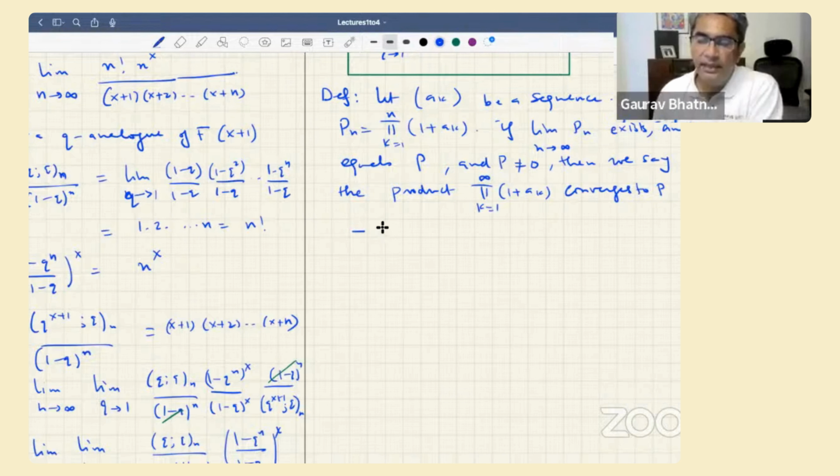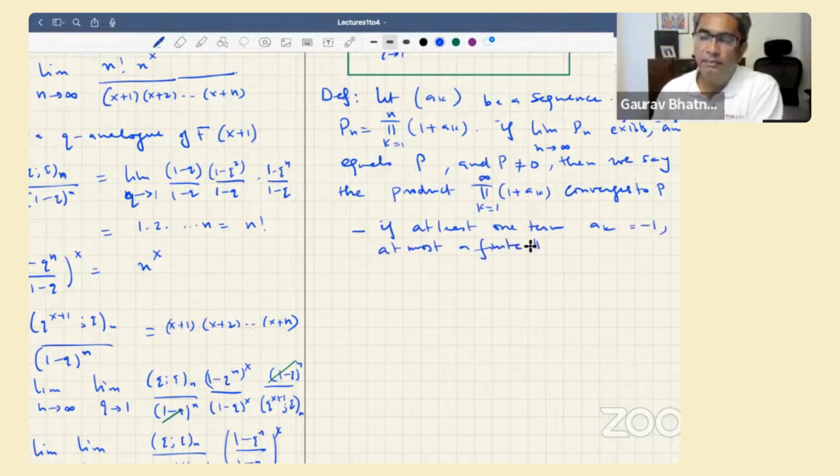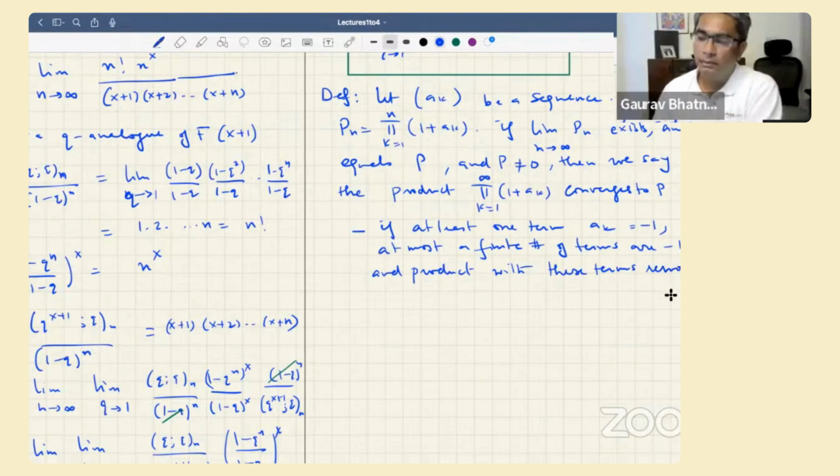So let's say at least one term a_k is equal to -1, and at most a finite number of them are -1, and the product with these terms removed converges to P, which is not equal to 0. Then we say the product converges to 0.